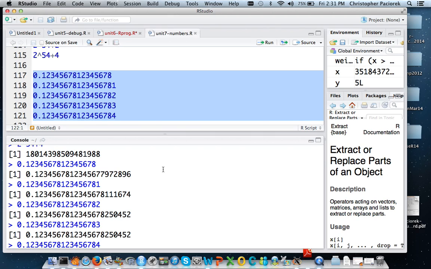In some cases, when I increment by another one, it turns out this number, which is precisely the same for these two, is the most accurate nearest value for both of these. It just happens to be that way. You could play the game of writing out all these numbers in base 2, and you would see that it is indeed choosing the best it can to represent these numbers.